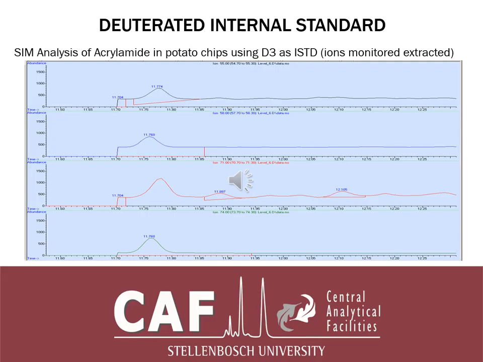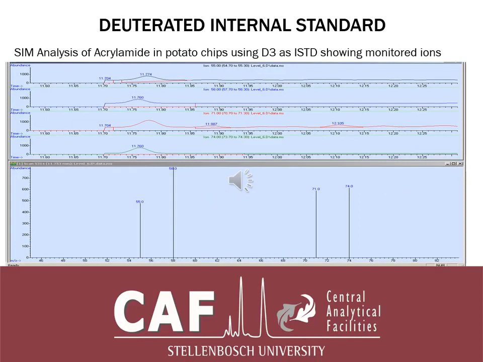So one can choose which one to use, or you can use both, and then you use the ratio. But what I normally do, for instance, I will calibrate and quantify with both the qualifier and the quantifier, and I just add the results, and I get the average.